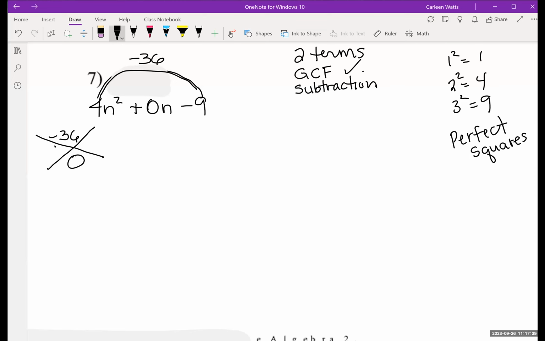Do we see that that's 6 and -6? Do you see where the 0 came from? I had no middle term. That means it is a 0. Are you with me on the fact that that really is a 0 in the middle? And the only way to get a 0 on the bottom is if the numbers match with opposite signs.